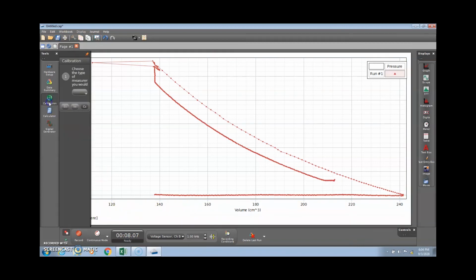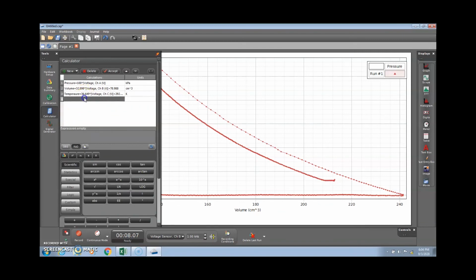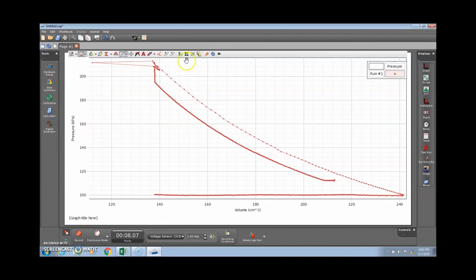And I'm going to do a few more equations. And then I'll just edit the graph.